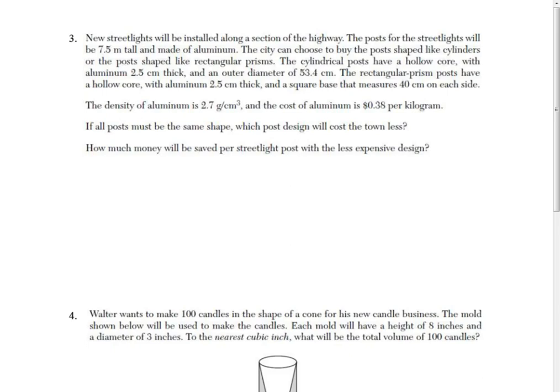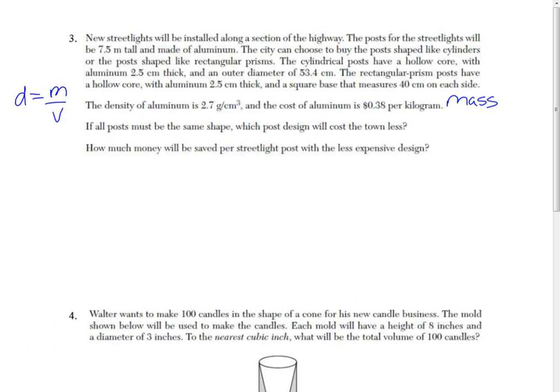Okay, so we have this formula that density equals the mass divided by the volume. We know the cost per kilogram, and we know the density, but we don't know the mass of each of these objects.